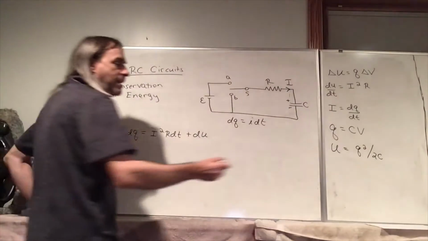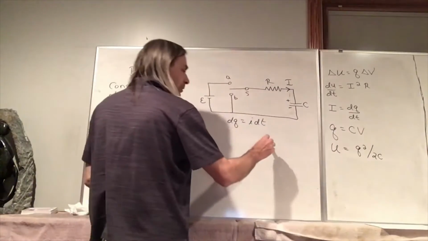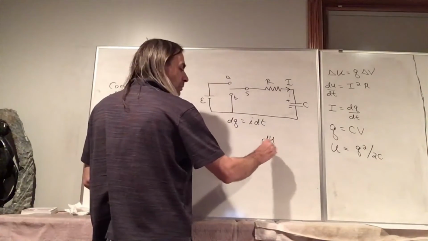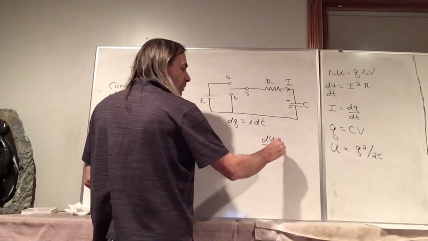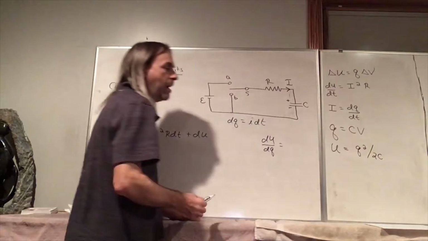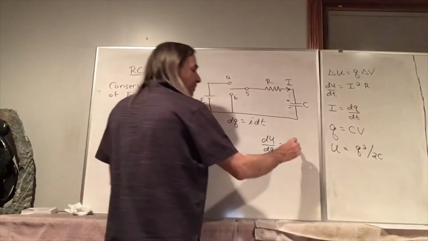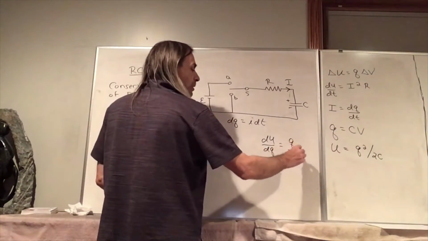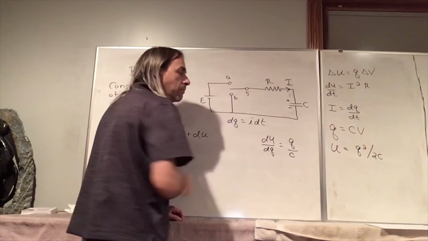So if we take dU/dq, we bring the 2 down, that cancels out the 2 on the bottom, so that's just Q over C.